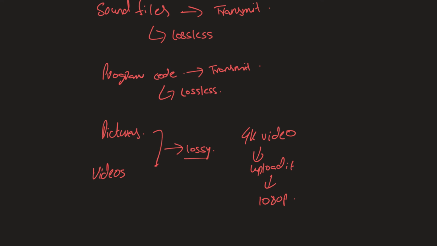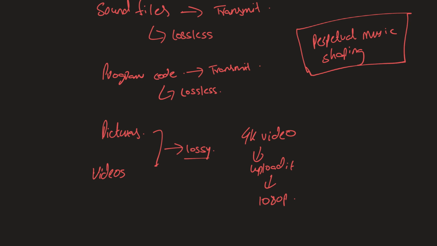Some terms to remember are perceptual music shaping. This is a really important term because it is important in terms of how it reduces the file size. Then you have run length encoding, which is a very common thing that they ask in the paper.